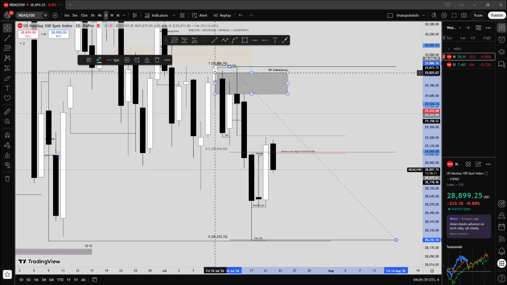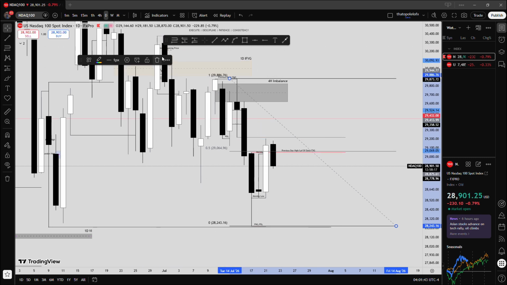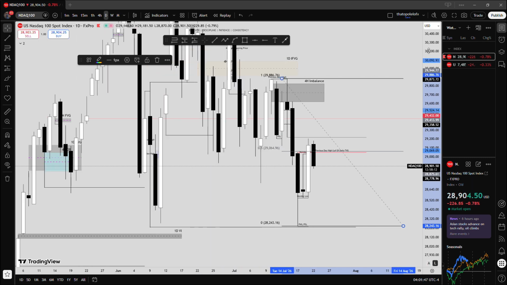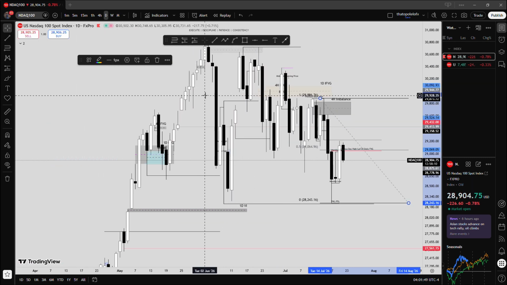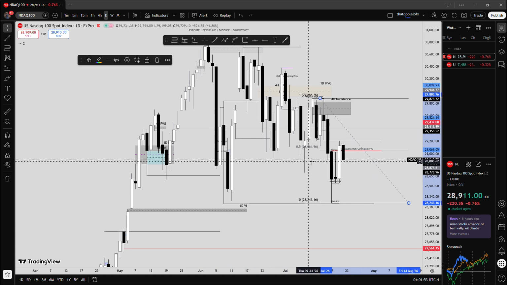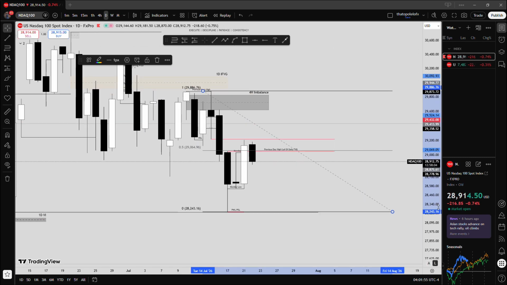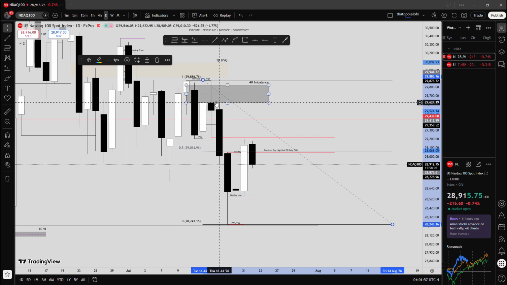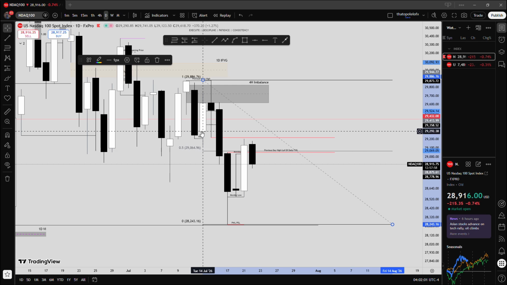Generally we have price breaking down, a bearish market right here. Of course, when you zoom out, it's kind of consolidating. But when I look at this, it's bearish, and I want to see continuation of this kind of price action.